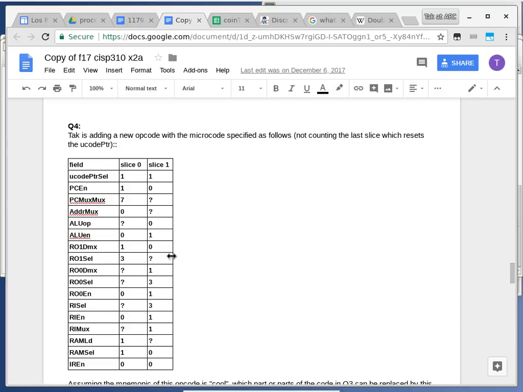It doesn't change the operation. Do you see why I can use a question mark for PC mux when PCEN is a 0? I'm not updating the program counter anyway. So what you specify as PC mux doesn't have anywhere to go that is actually going to change the operation, because the program counter is not going to be updated. That's why I have these question marks, because they don't really matter.